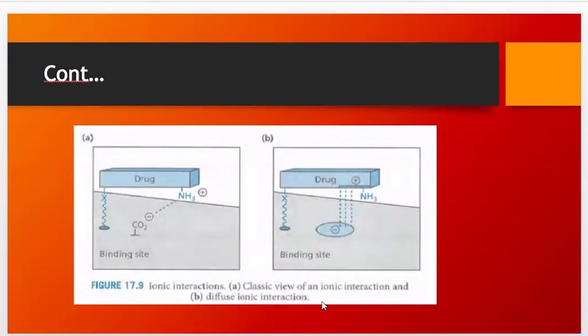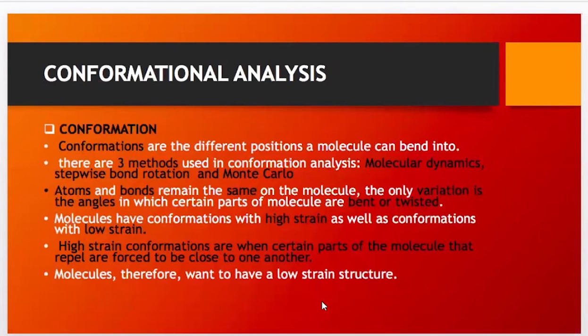It gives you a clearer picture of how your drug molecule is going to interact with your binding site, because it shows you how diffuse these electrons are on your compound. Okay, so that's with those ones.